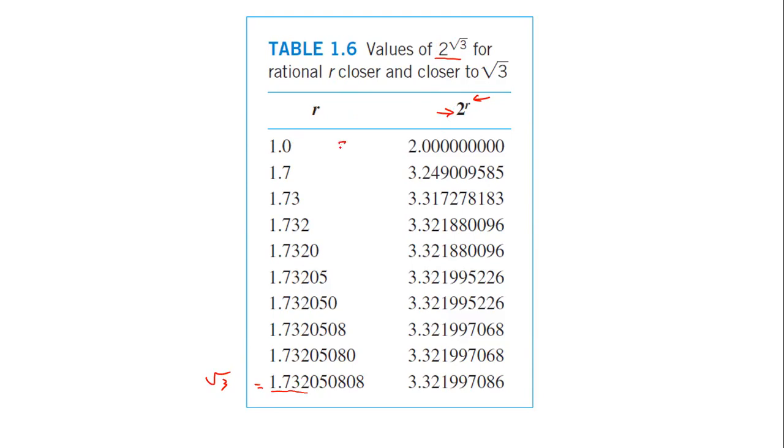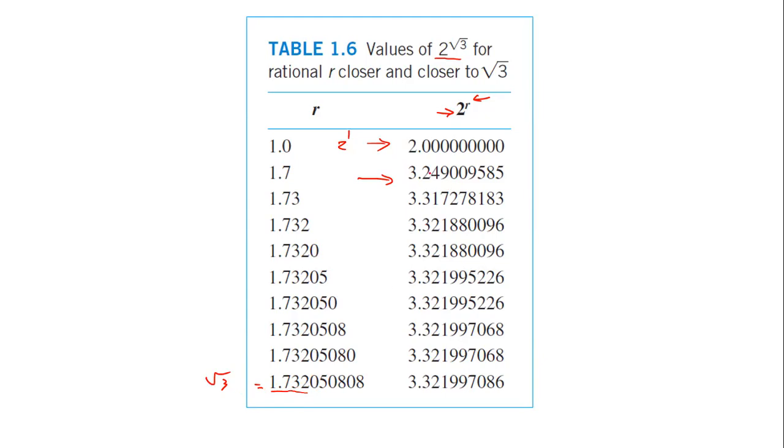So we will say 2 raised to the power 1 will give us this, right? 2 raised to the power 1.7 will give us this. And if we keep increasing over here until we get closer to square root of 3. If you do the square root of 3, you will get 1.732 something. Okay?